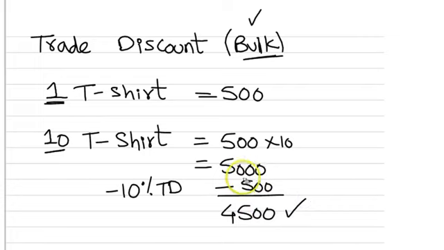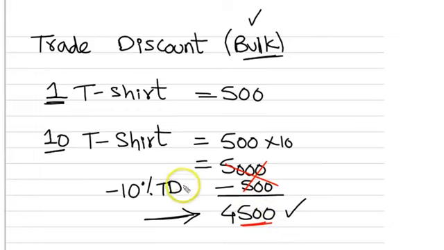Now remember one thing very well, it is only to attract the customer for buying the goods in bulk quantity. The actual bill amount will be 4500, and none of us, that is the supplier or me, will remember 5000 or 500. It is just to attract the customer and make him more inclined to buy more goods in bulk quantity that he has offered me a discount of around 10%.